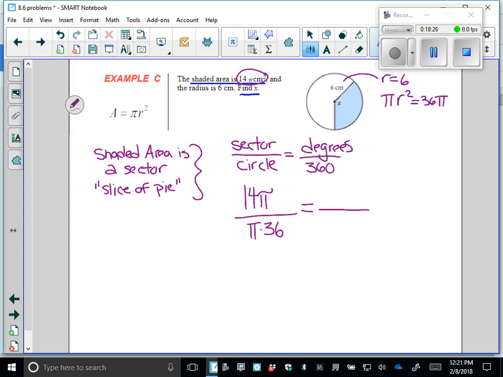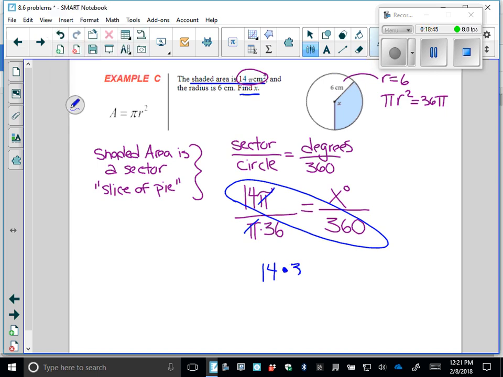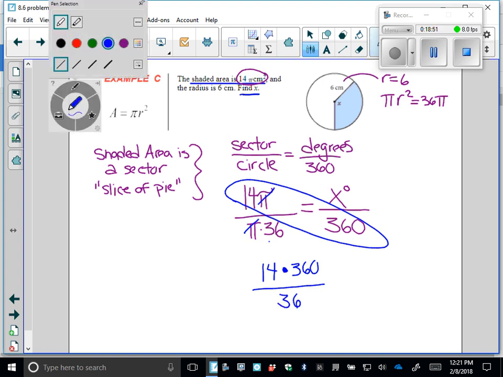And I'm looking for degrees, but I know the total degrees in a circle is 360. So definitely want to simplify. And then when we multiply, we get 14 times 360 divided by that leftover 36. So 36 cancels into there 10 times.